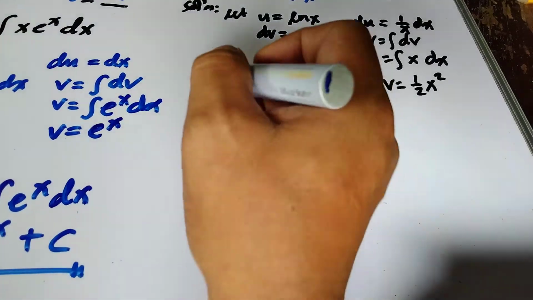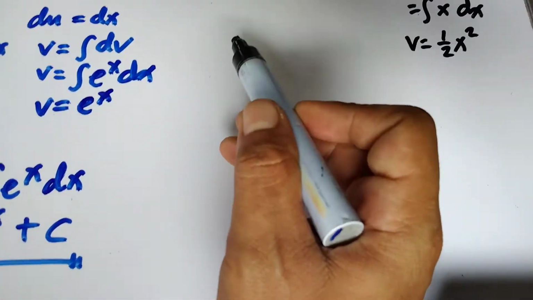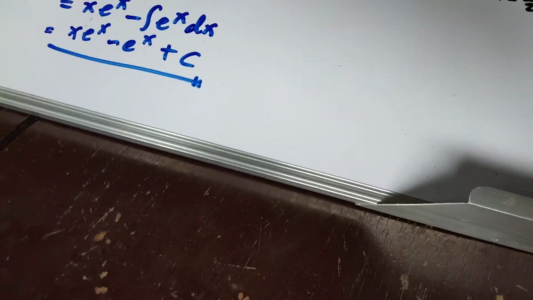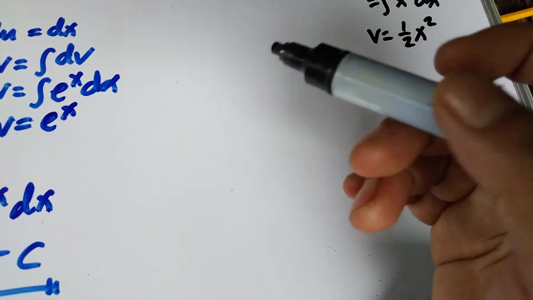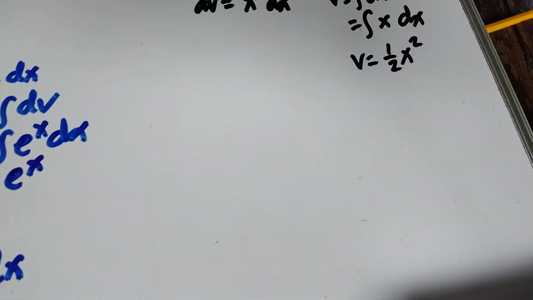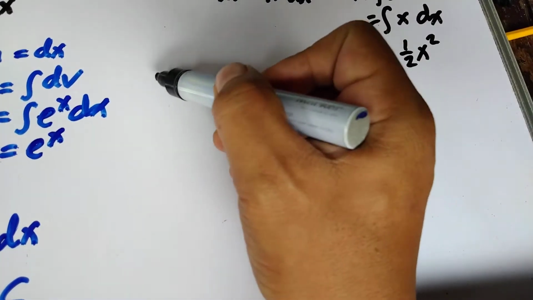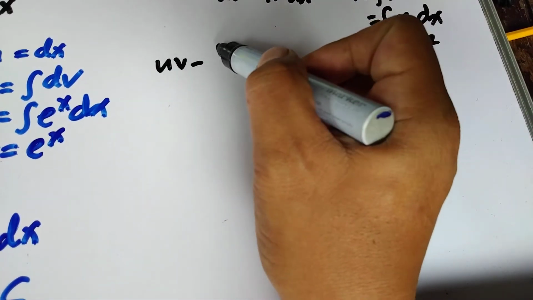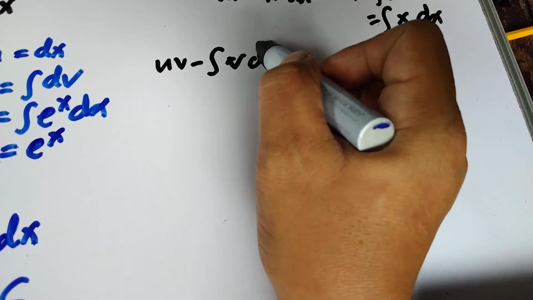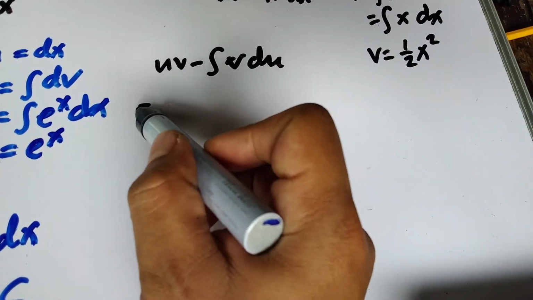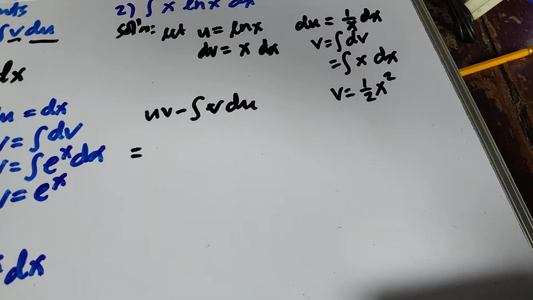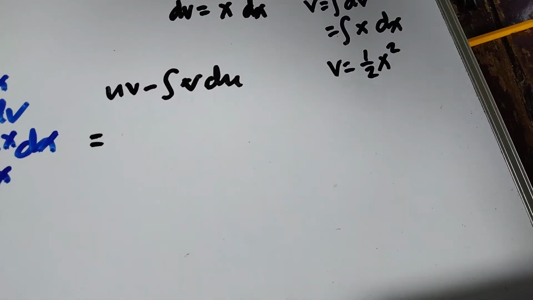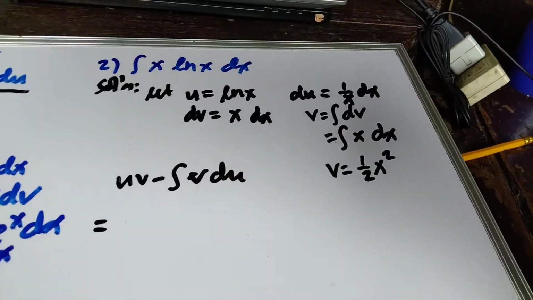So, using the formula, you have uv minus the integral of v du. So, what is your u?